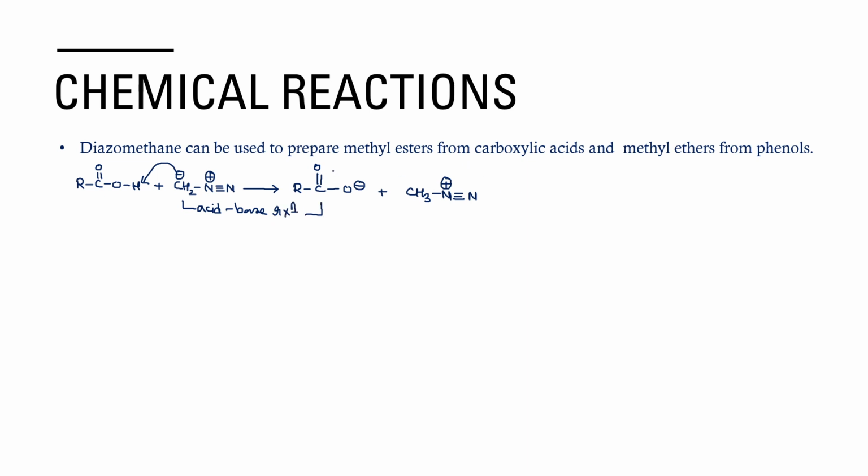Second reaction is this turns into a good nucleophile. Okay, RCO minus becomes a decent nucleophile. I would not say very good, but it's a decent nucleophile. So if it becomes a decent nucleophile, it attacks on the carbon and nitrogen goes out as a leaving group, and it undergoes a SN2 reaction to create the methyl ester.